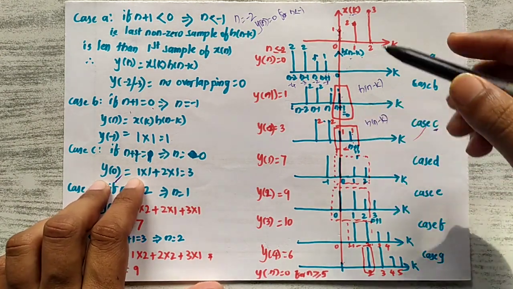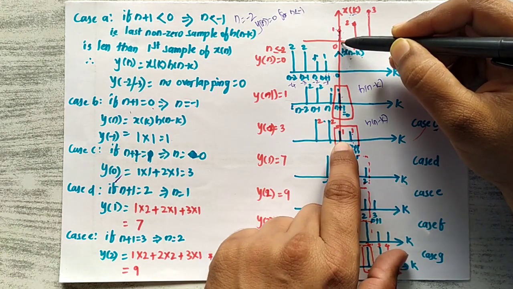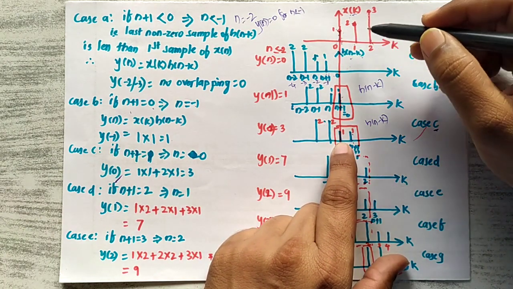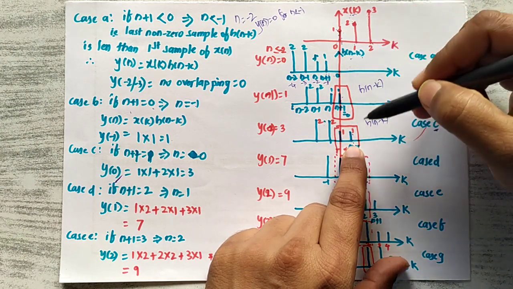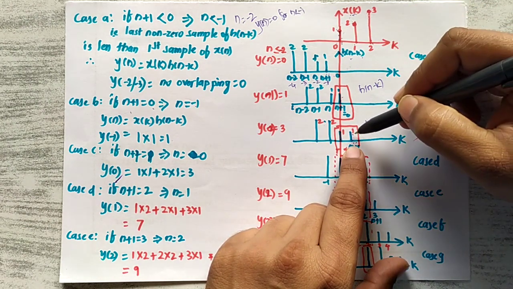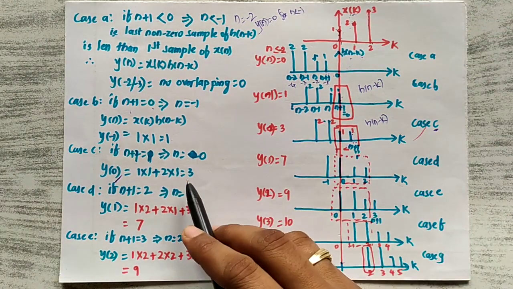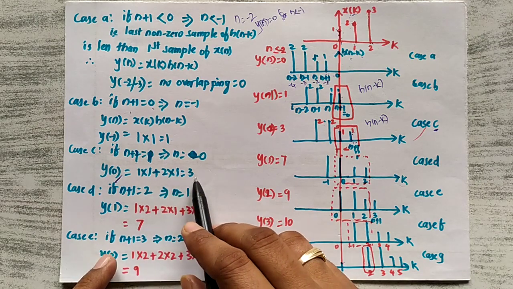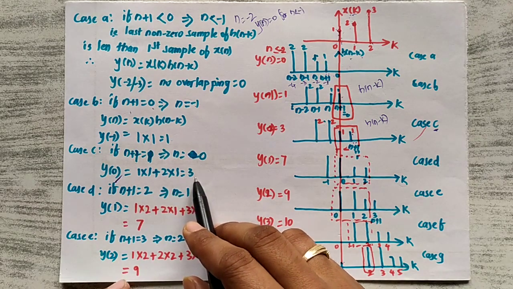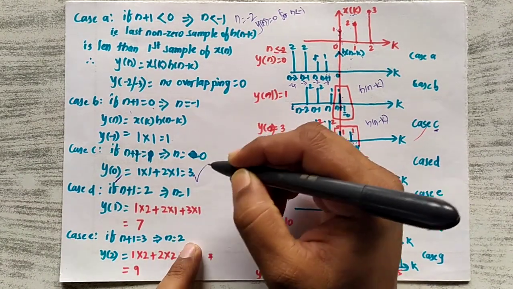So simply here at 0 we have 1, here also at 0 we have 1, so 1 into 1, plus at 1 we have 2 here, and here at 1 we have 1, so 2 into 1. So total कितना हो गया, 1 into 1 plus 2 into 1, this is equal to 3. Okay, at y of 0 we will have 3.